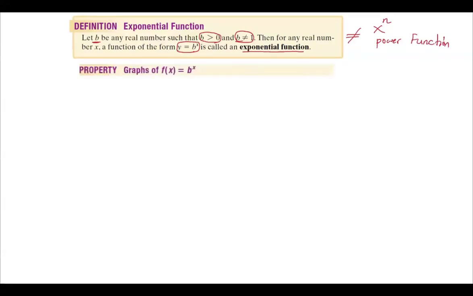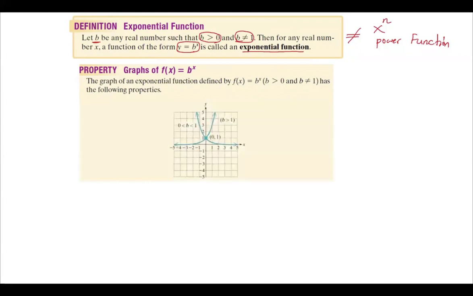When it comes to exponential function, you have some basic properties. The graph of an exponential function, defined as f of x equals b to the x, has the following properties. First of all, if b is more than 1, the graph starts increasing.